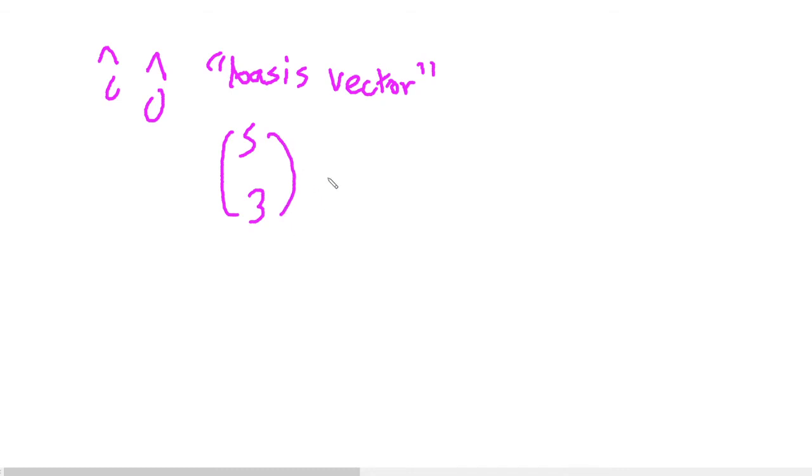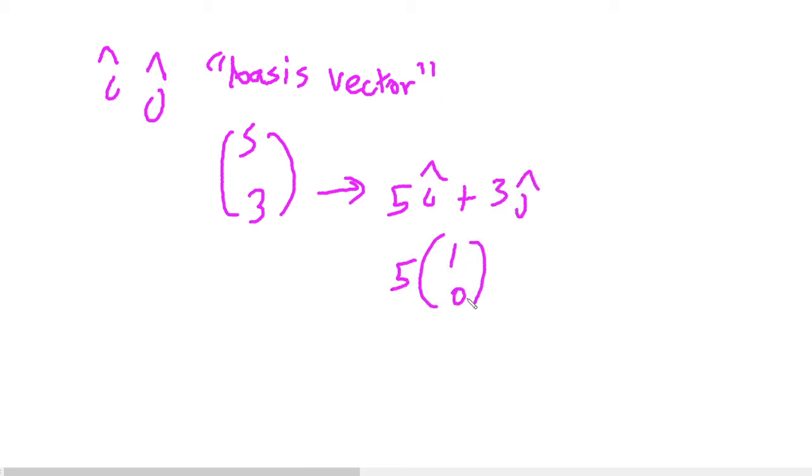These 2 unit vectors are called basis vectors because they are the basis of what column vector notation is. So like (5, 3) represents 5 times the vector i plus 3 times the vector j, or 5 times (1, 0) plus 3 times (0, 1), where 5 and 3 are scalars, not one-dimensional vectors.